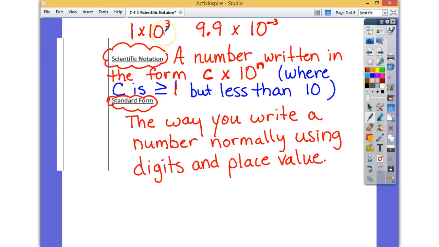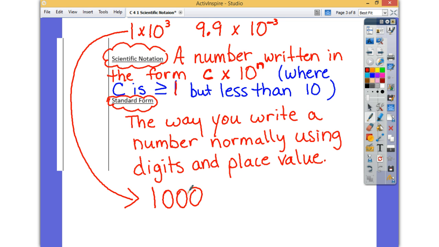If you were to write these out, that's just, you write the number normally using your digits and your place value. All right? So for example, this would be written in scientific notation. What would it look like in standard form? 1 times 10 to the third power. 1, 2, 3. That would be written out as 1,000. That's what it looks like in standard form.